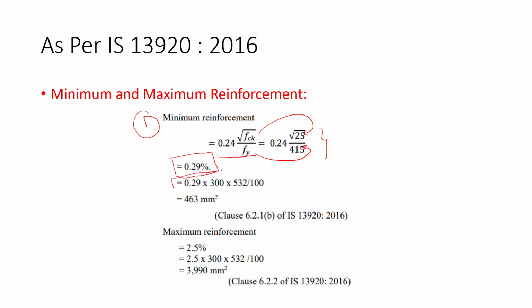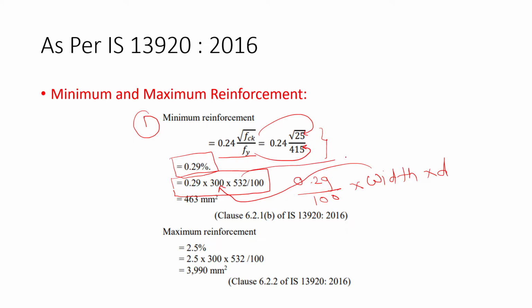For that 0.29%, to find the AST, we multiply 0.29 divided by 100, multiplied by width, multiplied by D. This width is 300 mm and 532 is the depth, which we have just calculated. So 463 mm square is the minimum we have to provide.